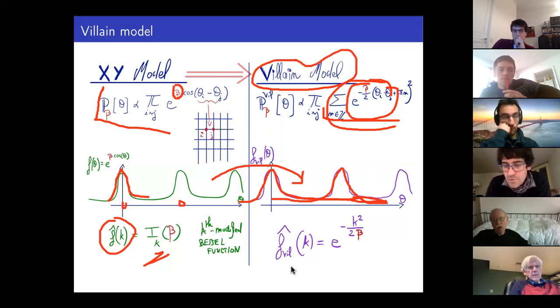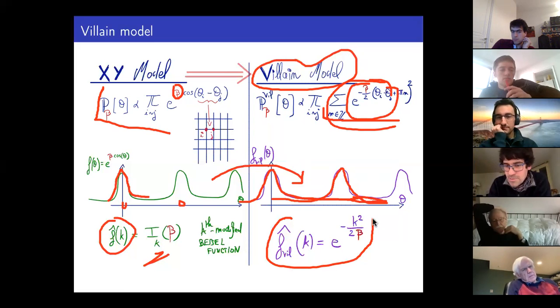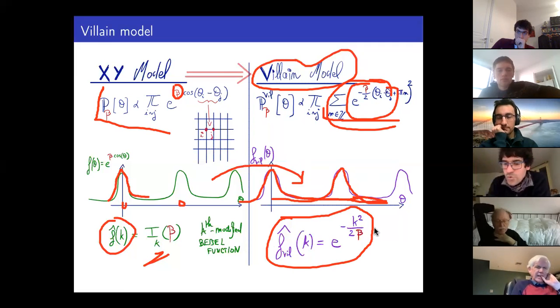Why is this good? Well, if you compute the Fourier coefficient of this new interaction function, what you end up with now is something which is much simpler than a modified Bessel function. By Poisson formula, or just by direct computation, you get this Gaussian behavior for the Fourier modes of this interaction.